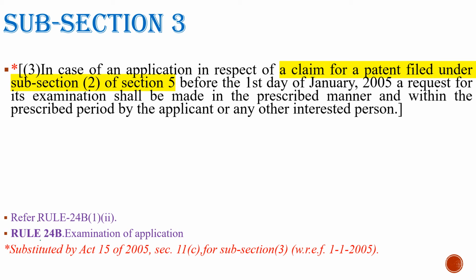For this, please refer rule number 24B, sub rule 1, clause 2, where rule 24B is examination of application. And the whole subsection, as I said earlier, has been substituted by Act 15 of 2005, section 11, subsection C for subsection 3 with effect from 1st January 2005. I hope it is pretty much clear now. So let us proceed.